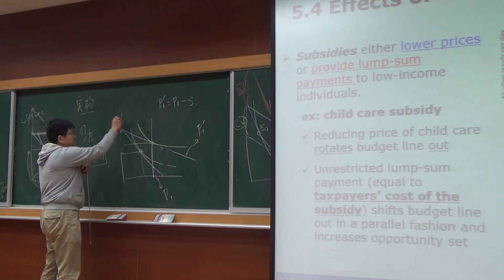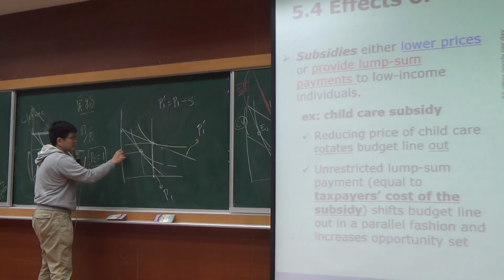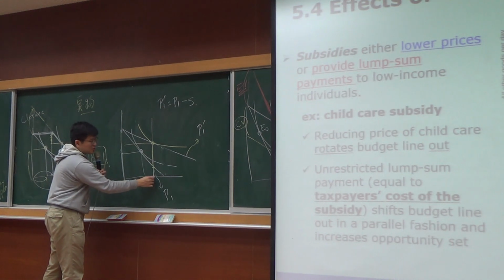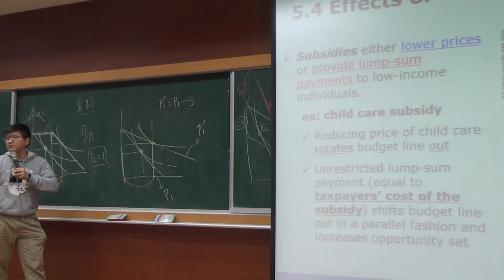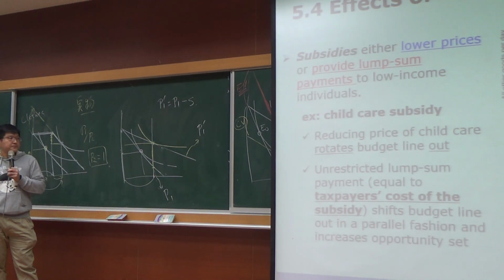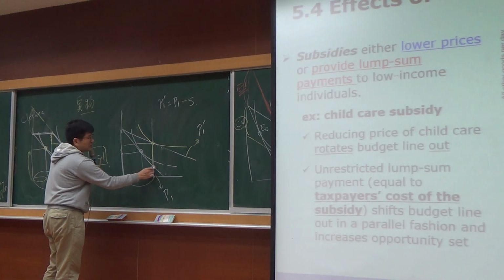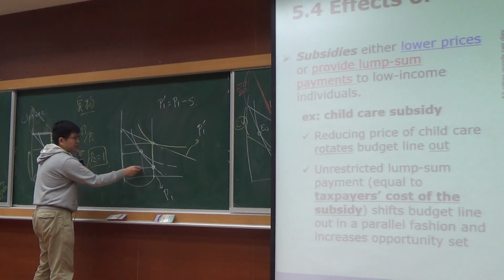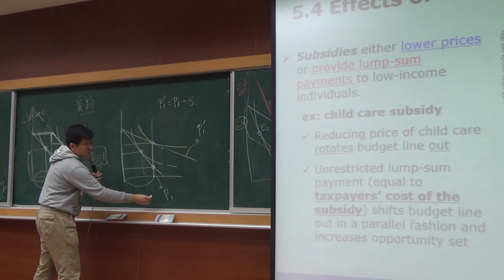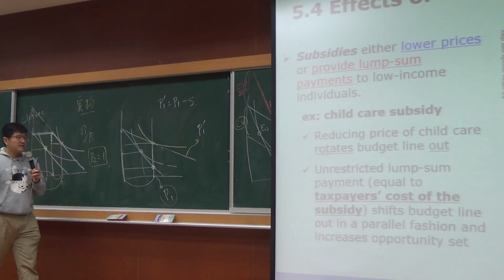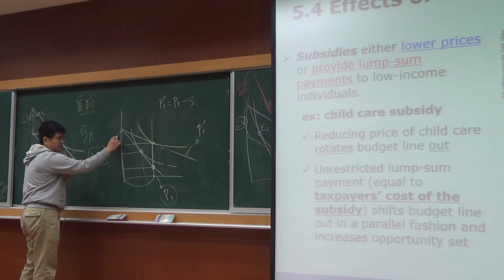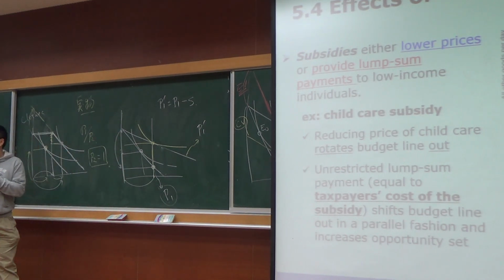So with the policy, with the subsidy, you will consume this much of childcare. If with this amount, you pay according to the market price, then you have to pay this much, right?